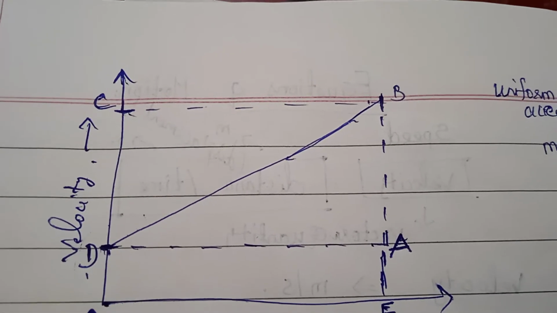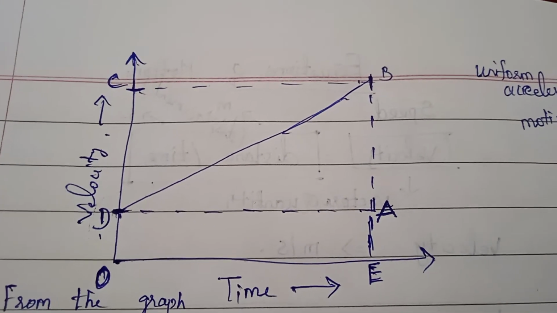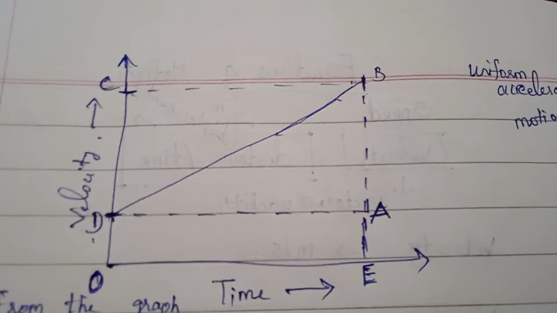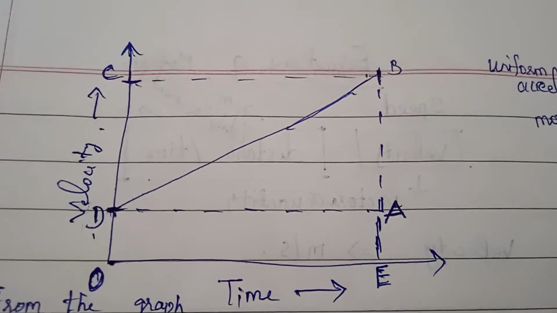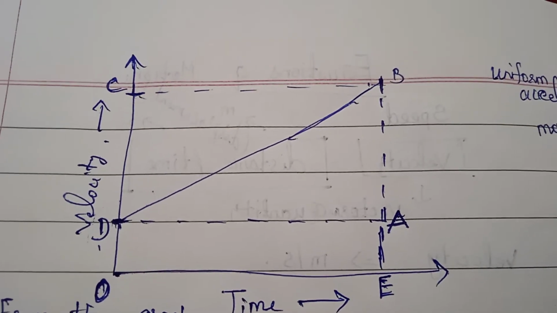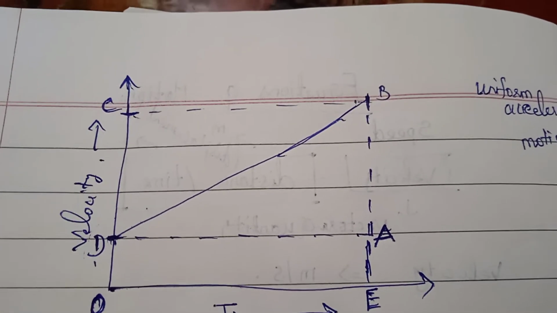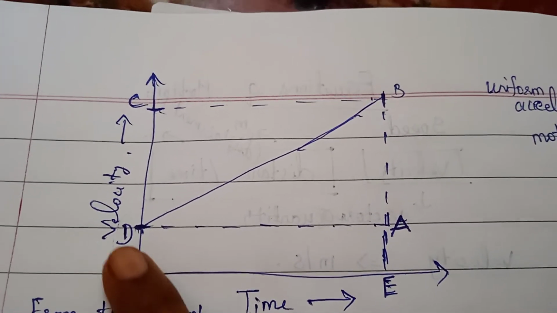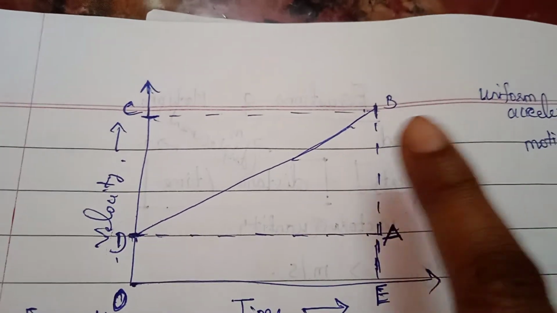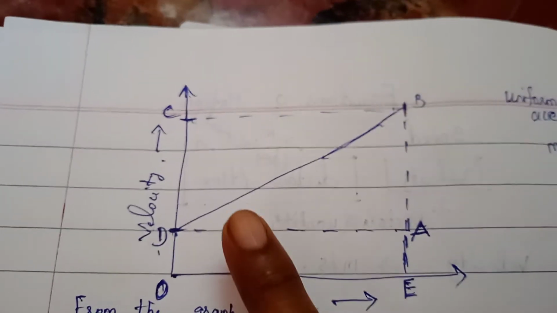Now we are going to plot a graph. For this you have to take the time along the x-axis and velocity along the y-axis. Here the motion is uniformly accelerated, no? So we can get a straight line like this, because as the time increases the velocity also increases.